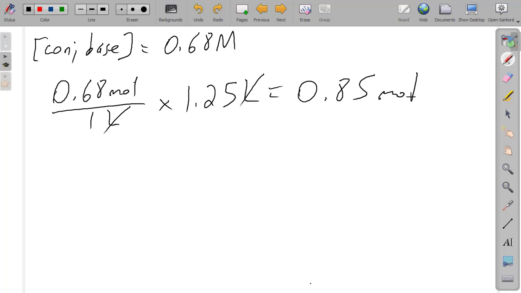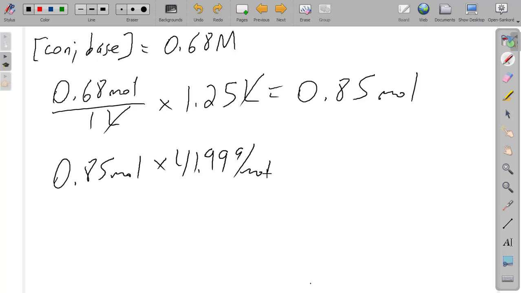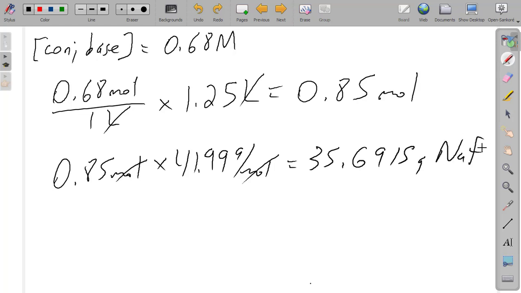So now that we know how many moles, we were given the molar mass. So 0.85 moles times the 41.99 grams per mole gives us 35.6915 grams of the sodium fluoride.